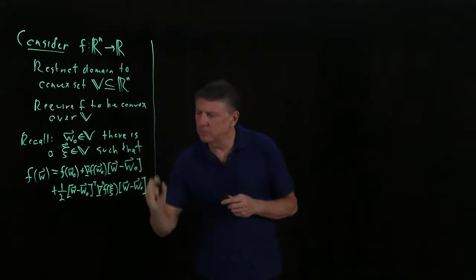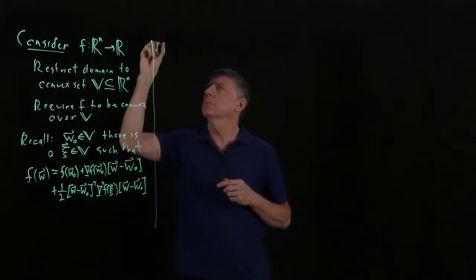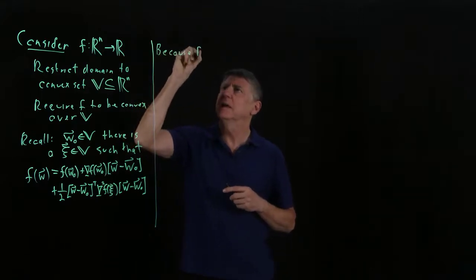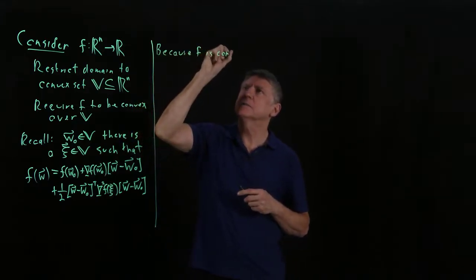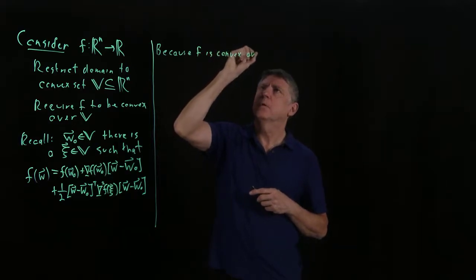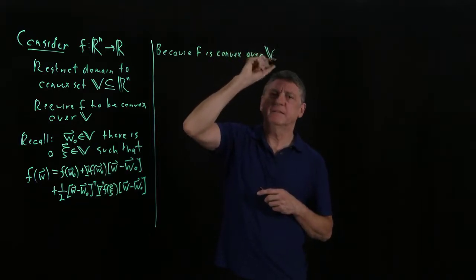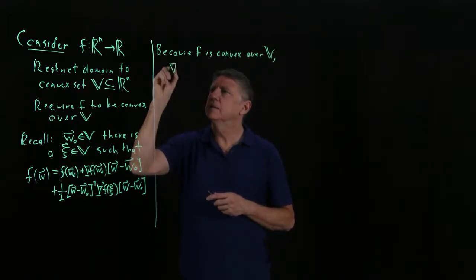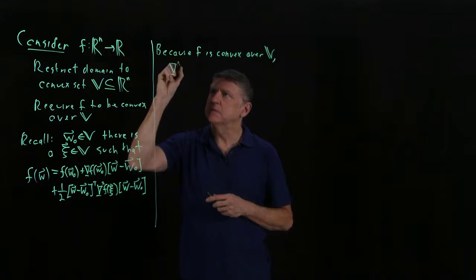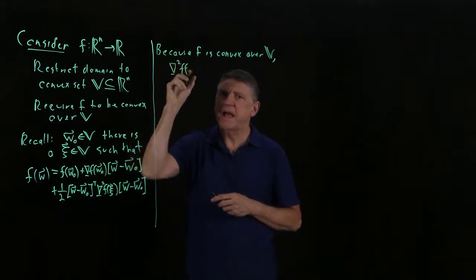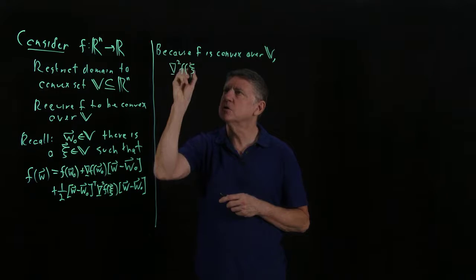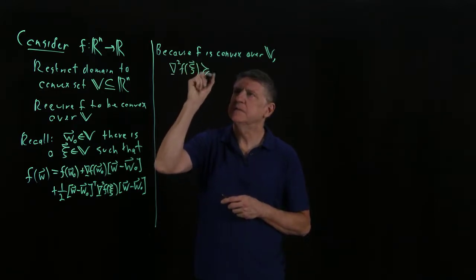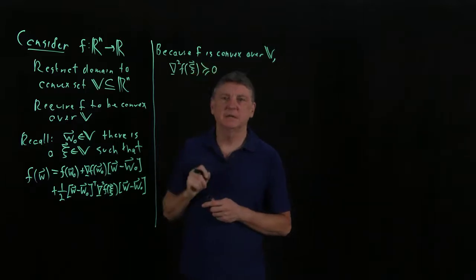So what can we say? Well, what this implies is that because F is convex over that convex set V, we know that the Hessian matrix of the function at that Lagrange vector has to be symmetric, positive, semi-definite.